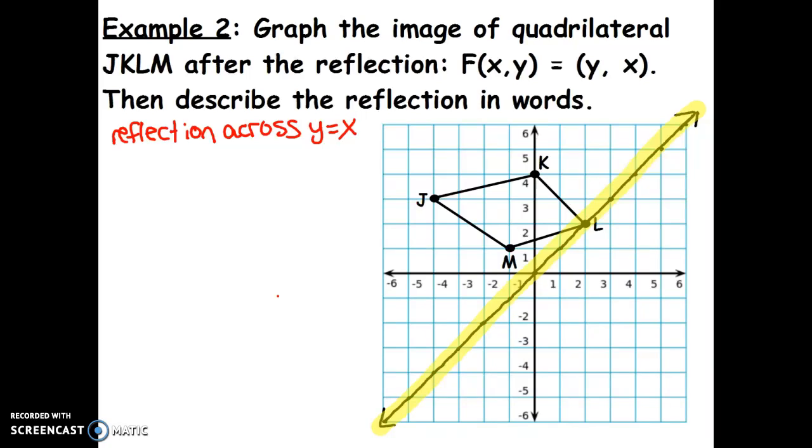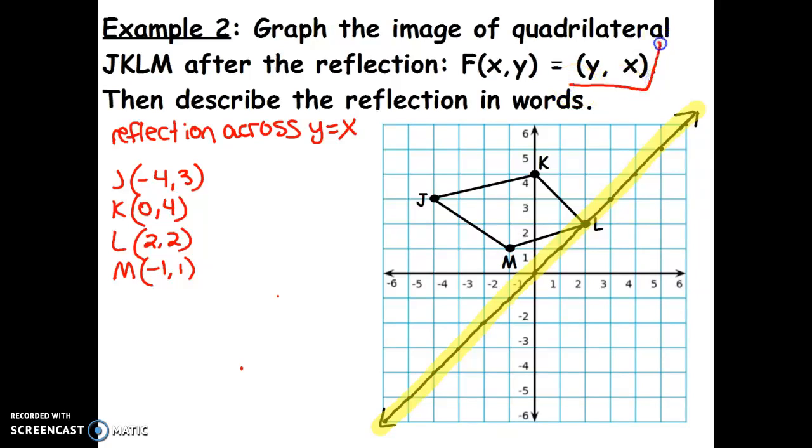So the first thing that we're going to do is identify the ordered pairs for J, K, L, M. J is (-4, 3). K is (0, 4). L is (2, 2). And M is (-1, 1).